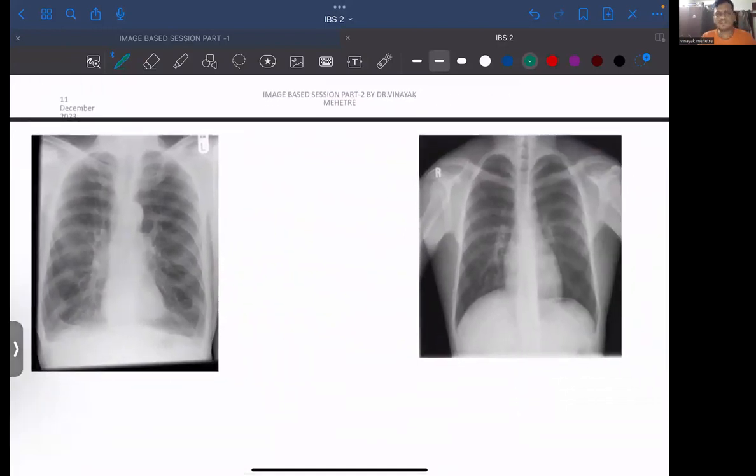Now tell me which one is normal and which one is present in you, young generation.